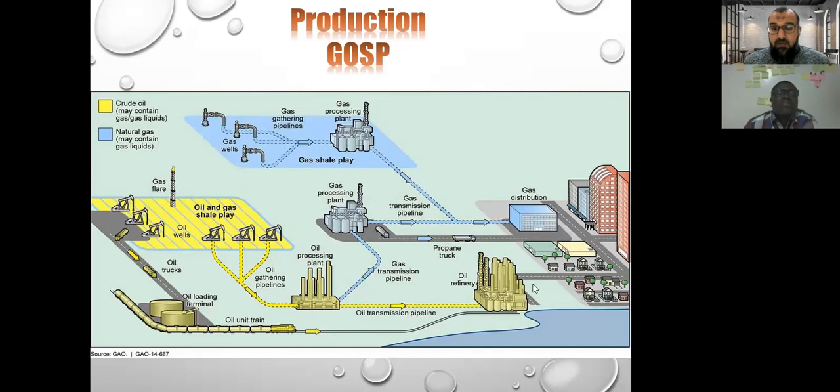The oil will then go immediately to the oil refinery because it is pure oil, and the gas will normally go to gas distribution. So the gas and oil are now separated. The oil is going to the oil refinery and the gas is going to gas distribution. And here, all this is an onshore drilling well, and this is on the land, so it is onshore.